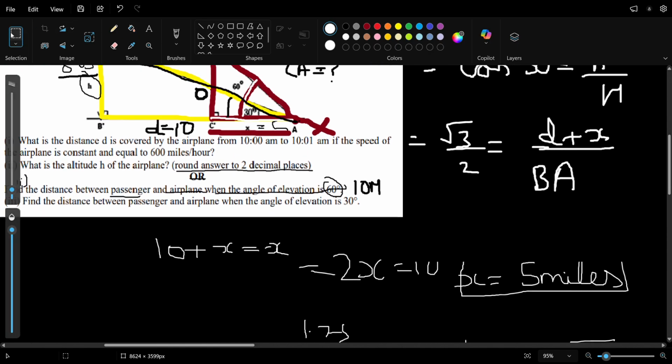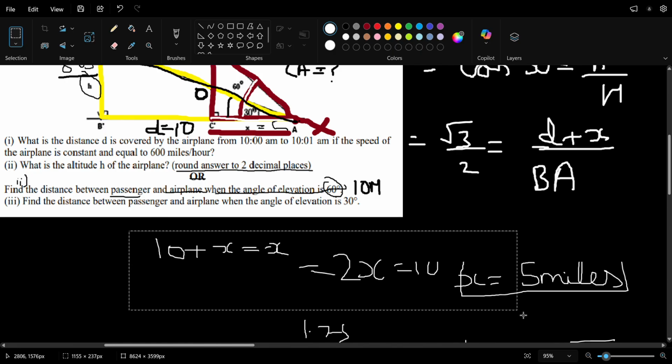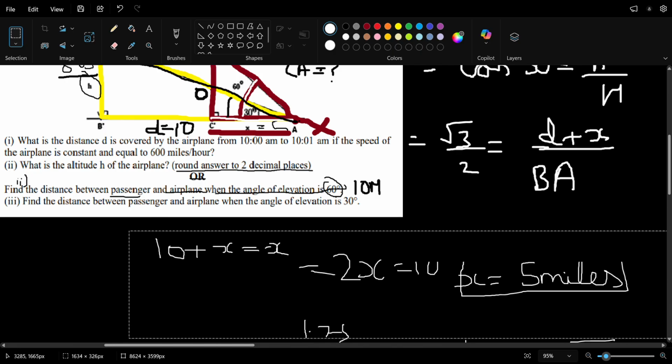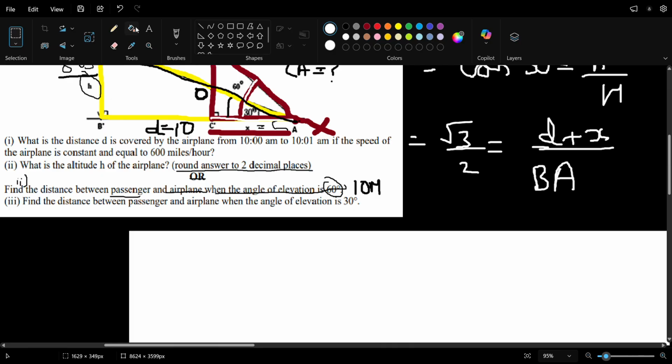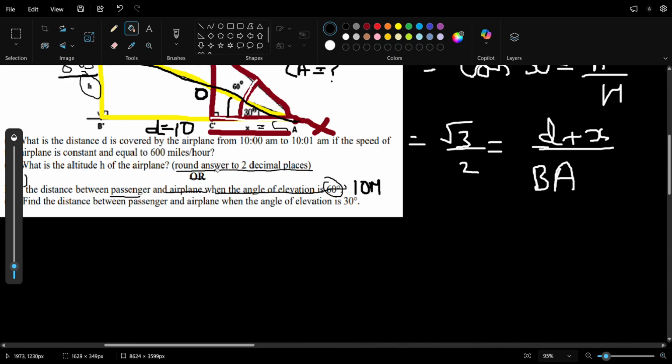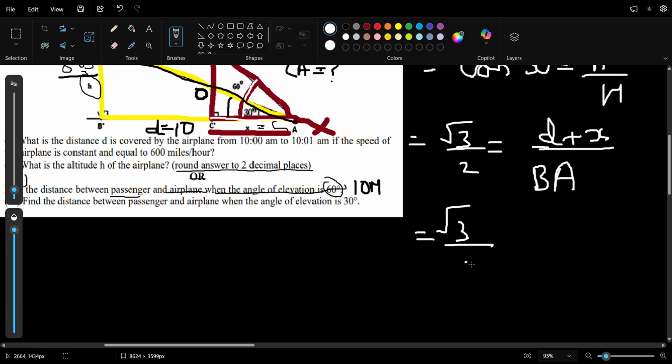So it's very simple now. Just fill it out. So d plus x is nothing but 10 plus 5, which is 15 by BA. I'll write here.